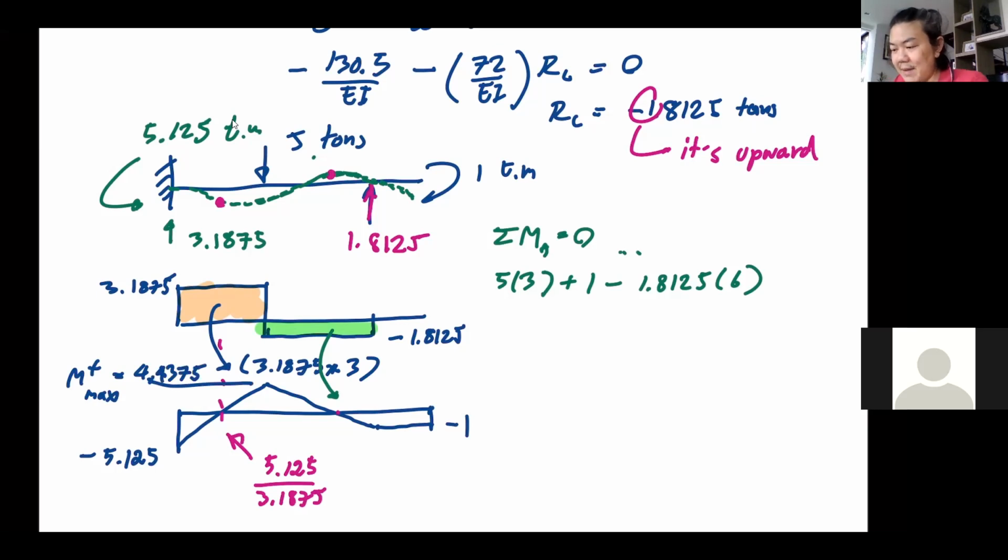Okay, and you can use that number to try to locate this point of inflection as well. This would be 4.4375 divided by 1.8125. Okay, so then that's it. We're done with this problem. Is there any question?